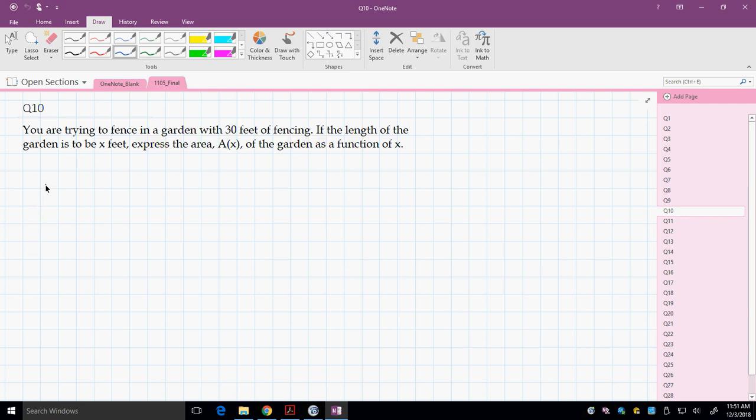The length is going to be equal to x, and we have the area. They want us to find the area of x, and the perimeter, they're talking about 30 feet.